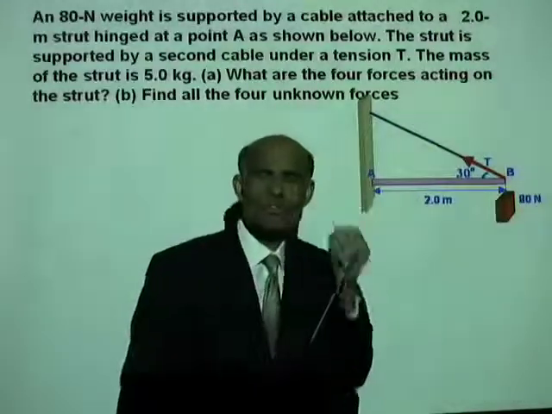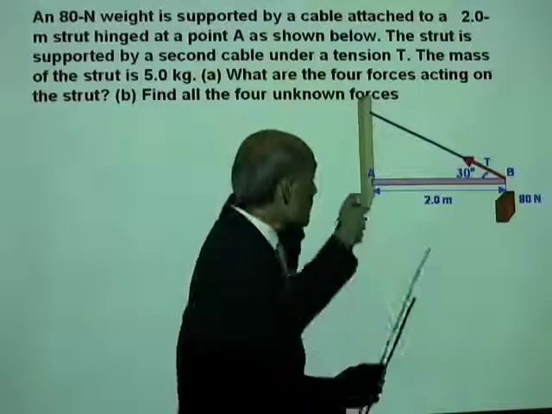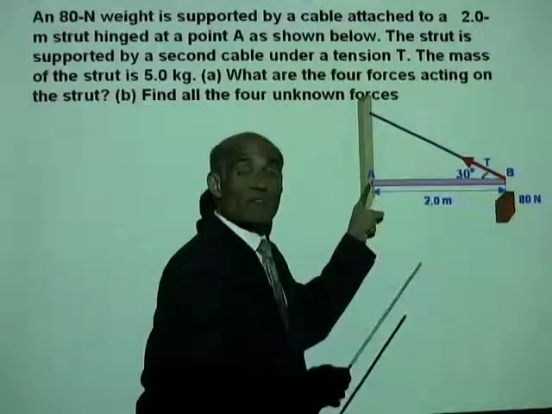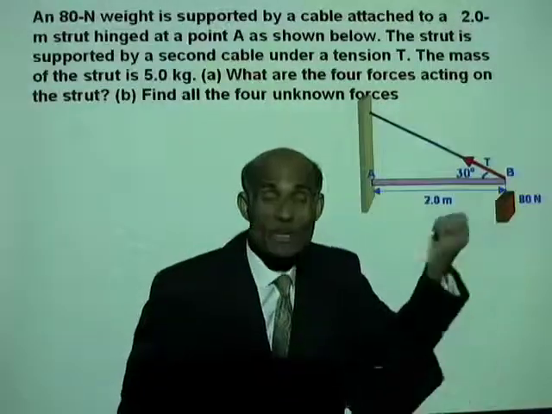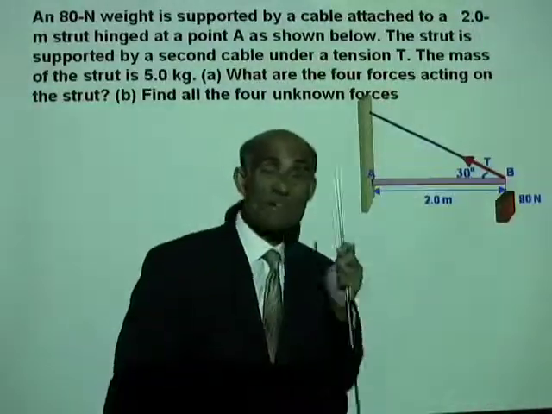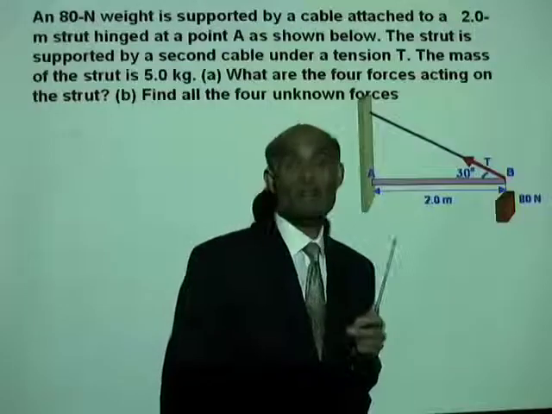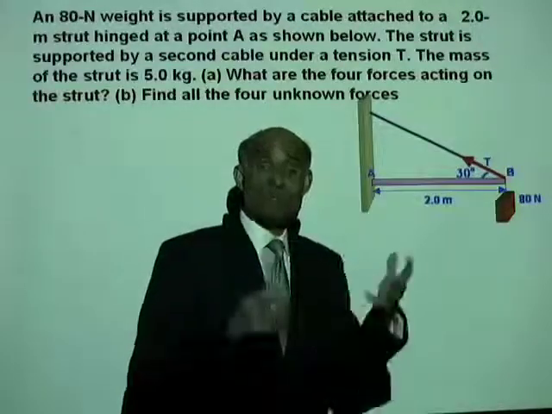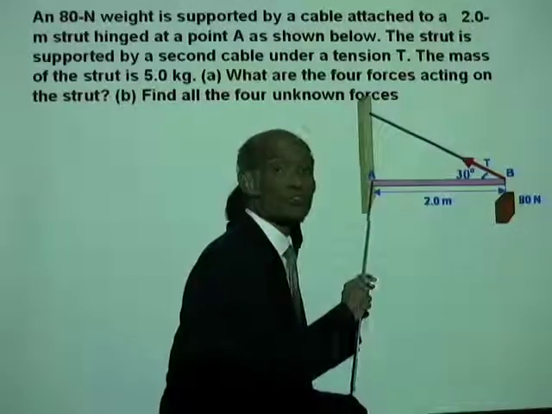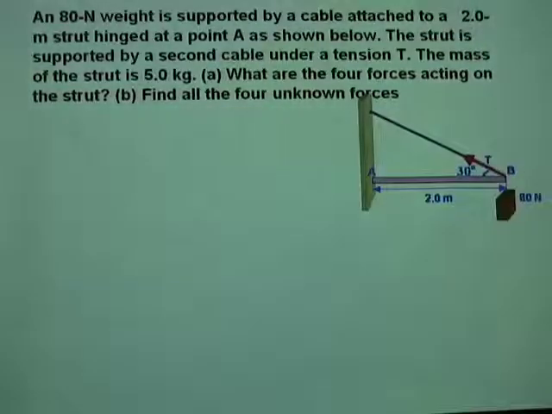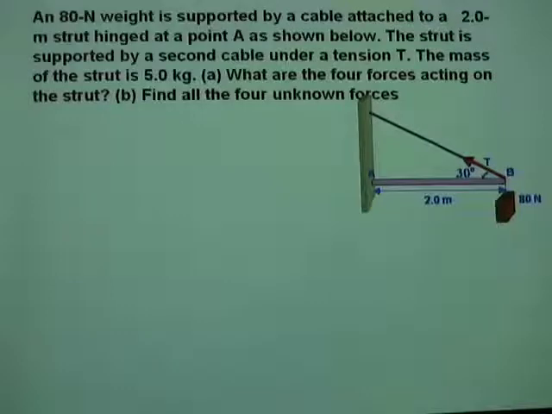What is the fourth force? There is some kind of force at the hinges. We don't know in what direction the force is. And therefore, look at the way we are going to approach it. We don't know the direction of the force at the hinges, so let it be in any arbitrary direction.